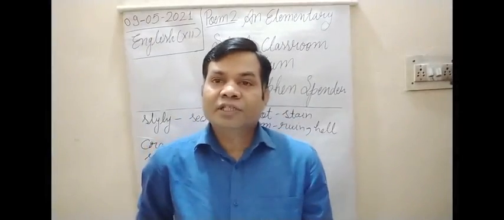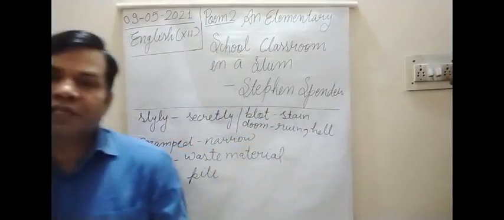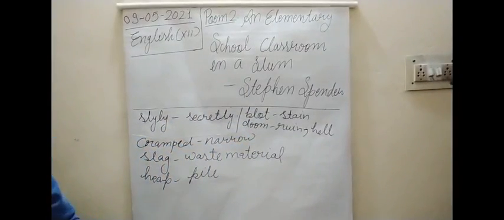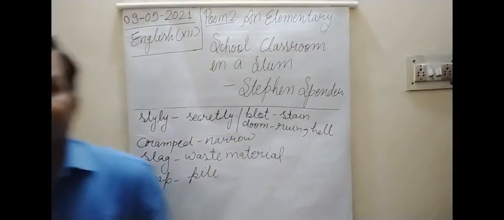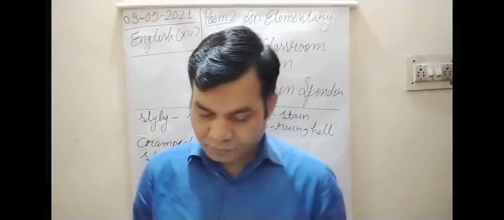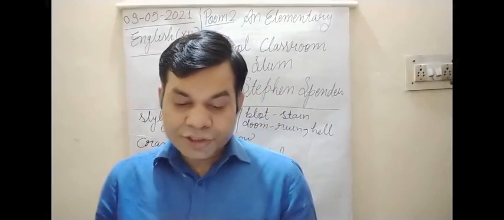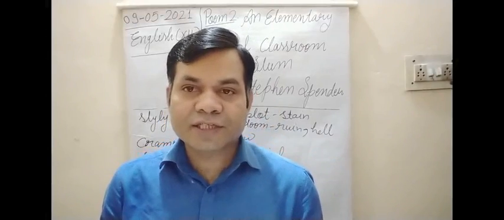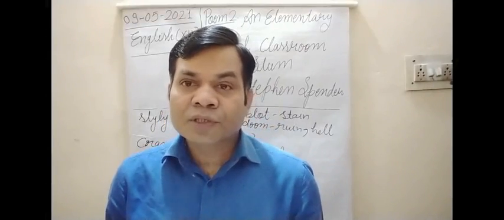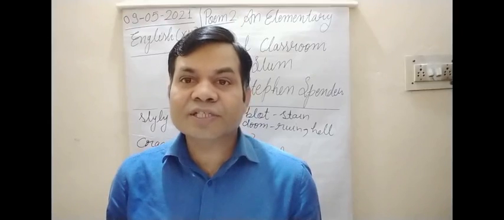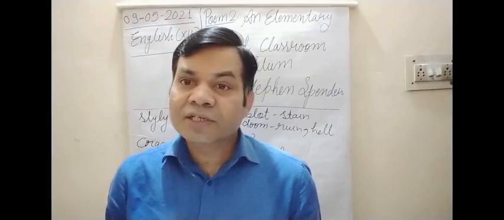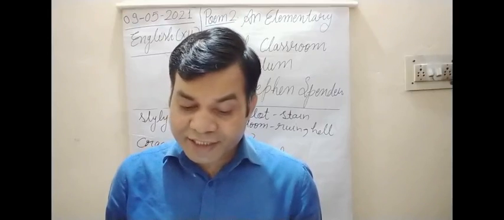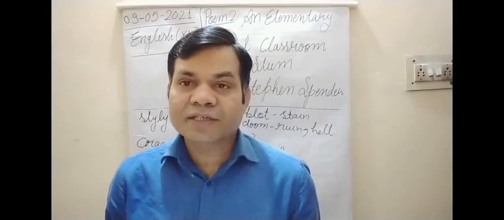Now look at the third stanza. I hope you have taken the screenshot. If not, you can pause the video and write them down, or you can take the screenshot. Surely Shakespeare is wicked. So further, the poet Stephen Spender says that surely Shakespeare is wicked.